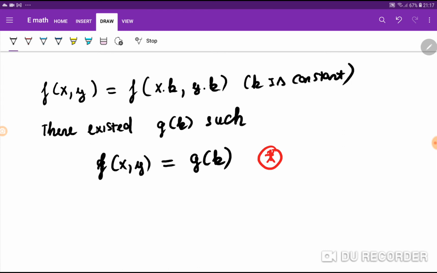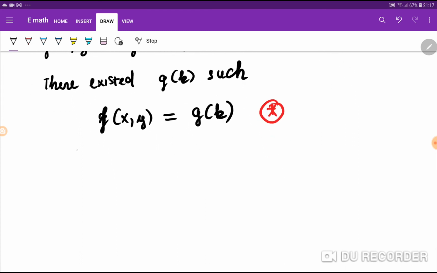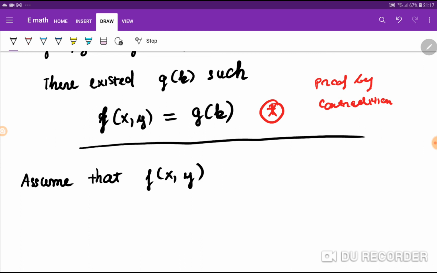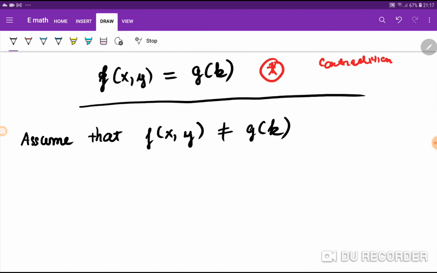I'm going to go the opposite way. I'm going to prove it by contradiction. Assume that f(x, y) can never equal g(k).